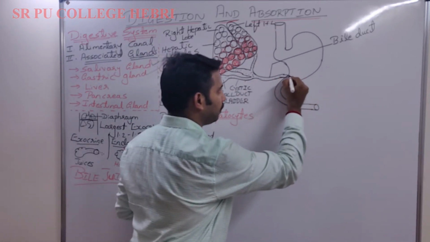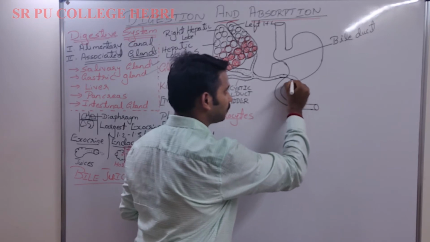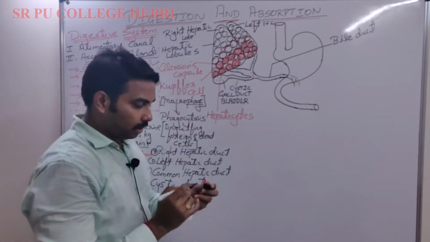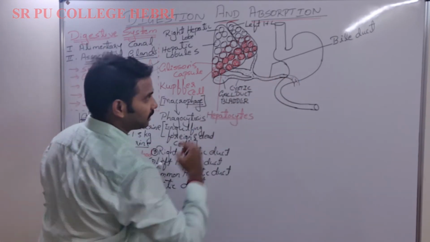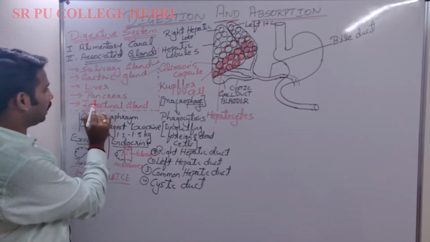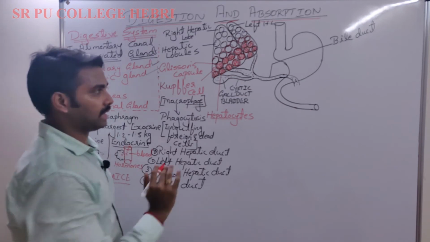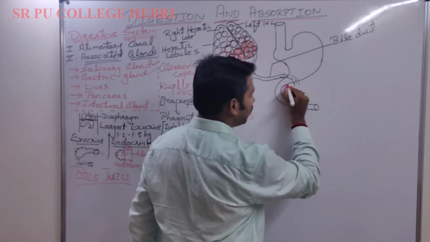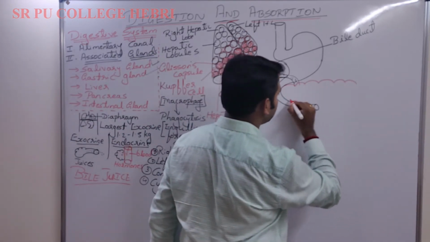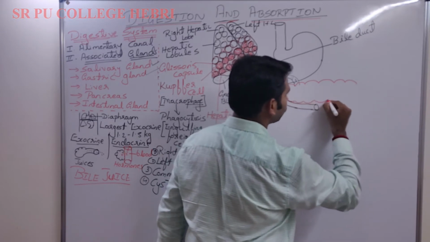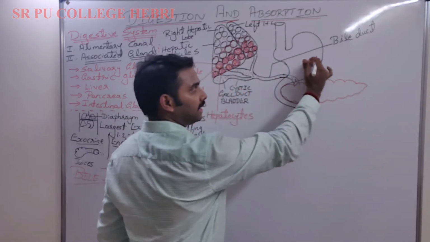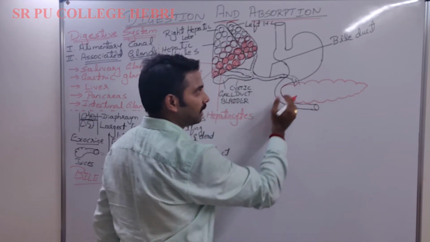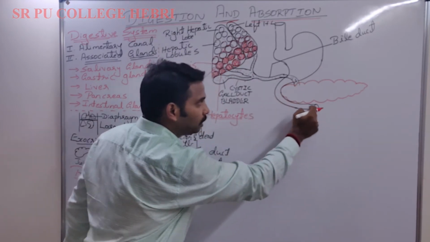Okay, before its continuation, now let us first see about one more gland. There is another gland. What is that? Pancreas. Where is pancreas? Pancreas is present, okay, present below the stomach in the arc of the duodenum, right?